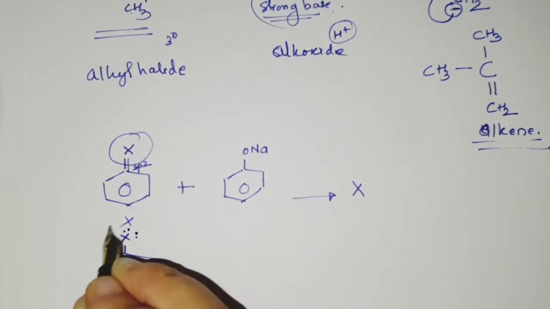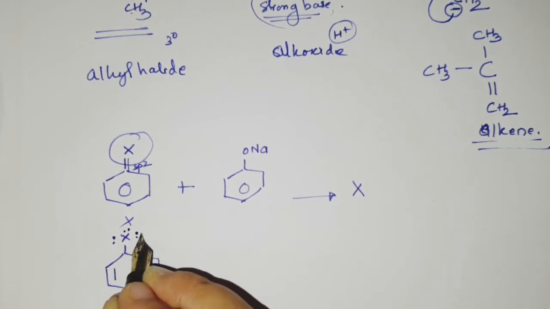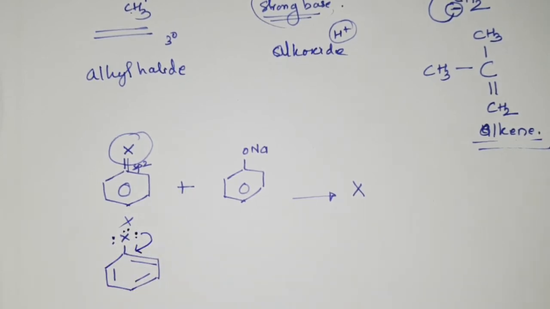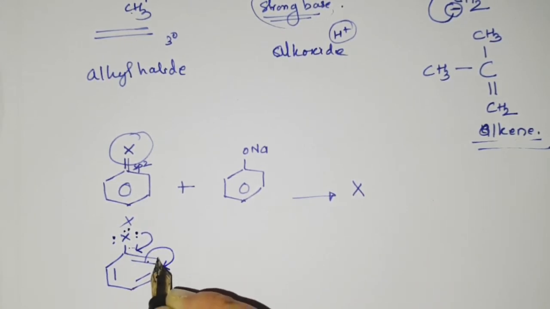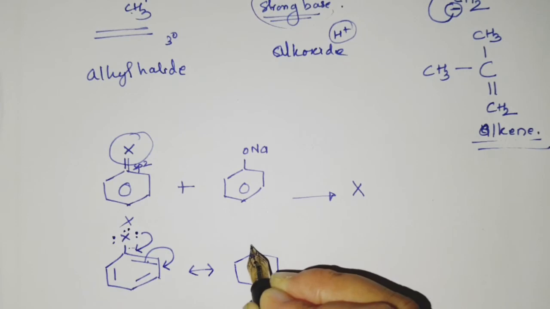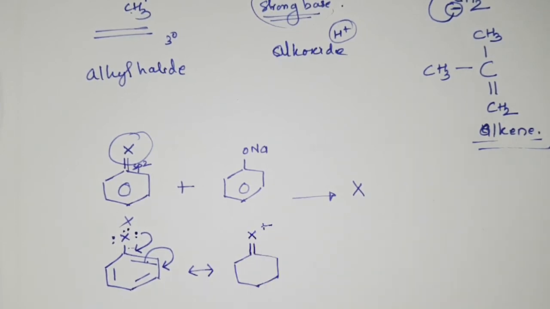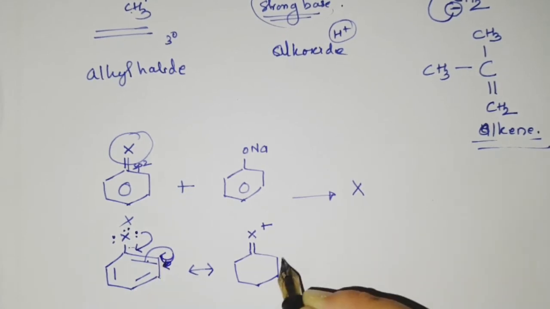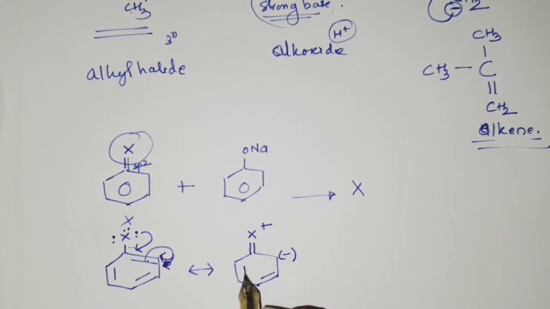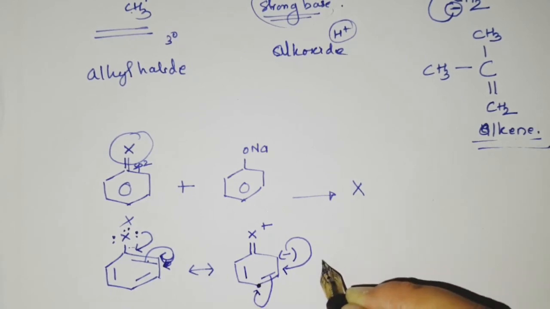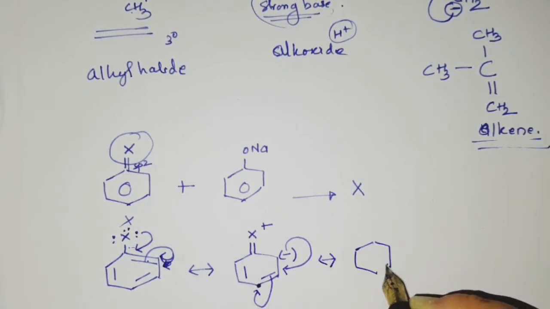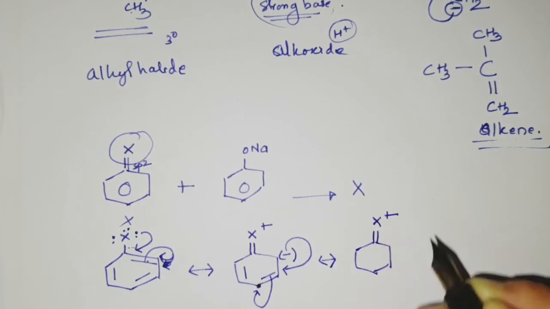Now the halogen has a lone pair. One lone pair comes in, then this bond goes to this carbon, and you get a double bond between X and carbon, with negative charge residing on this carbon. Again this negative charge goes to the bond, and this bond goes to this carbon atom as negative charge, so you get a structure with double bond X plus.